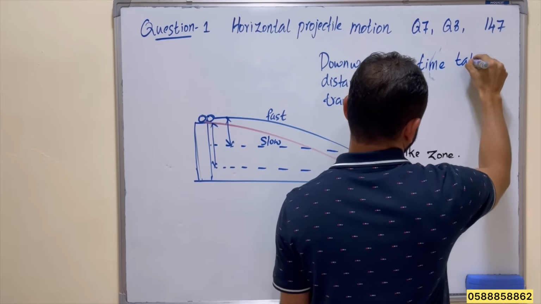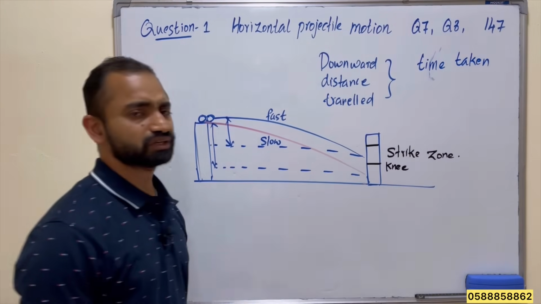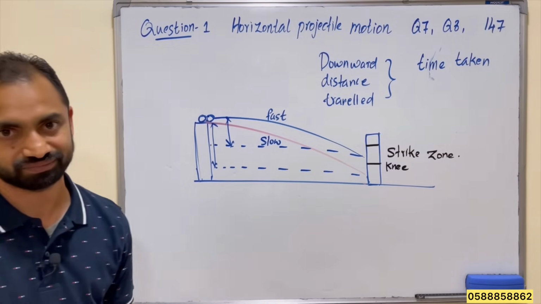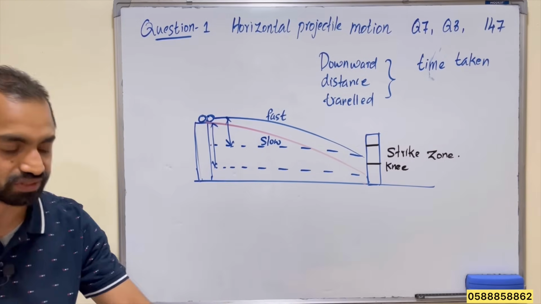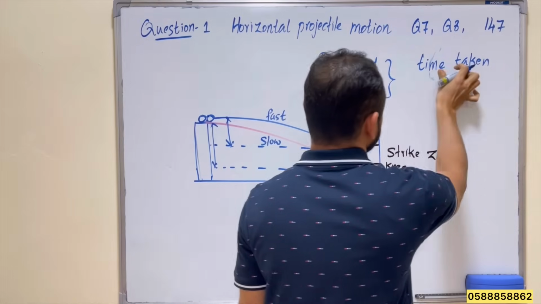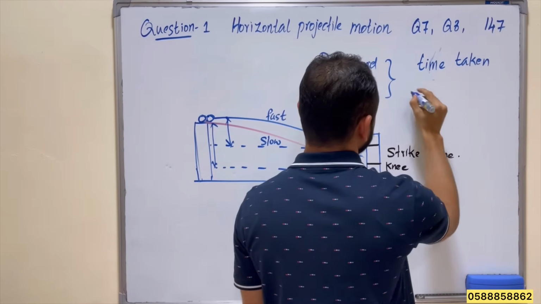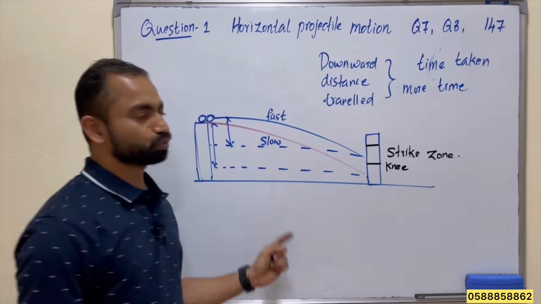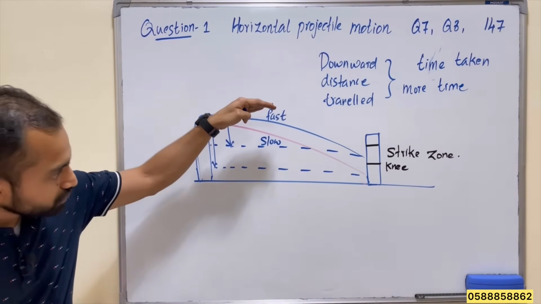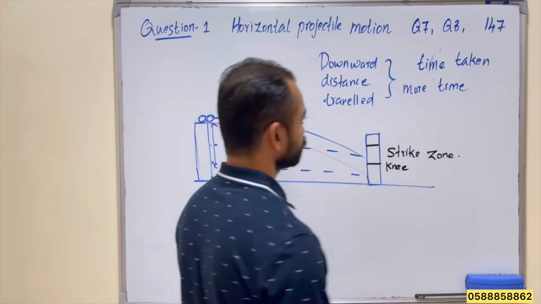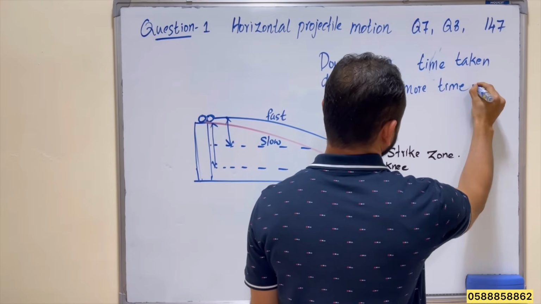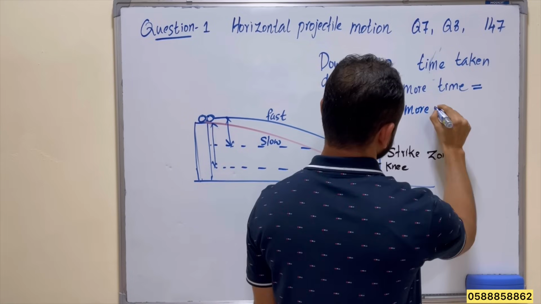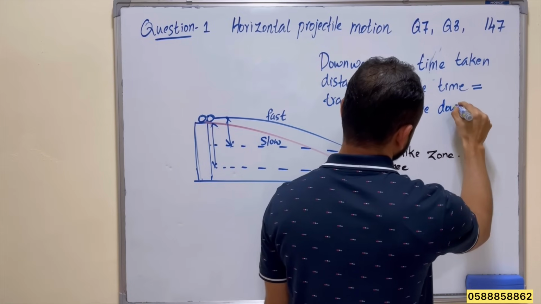If the ball takes more time to reach the batter, it will travel more distance downward. If the ball takes more time to reach the batter, it will travel more distance in the downward direction. More time is equal to more vertical distance or more downward distance.